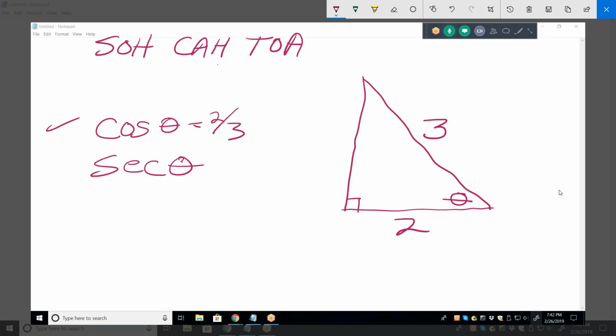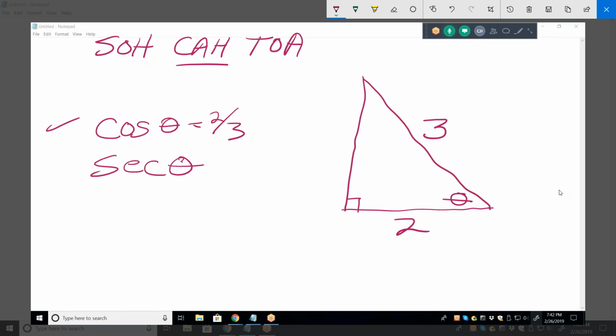In other words, I can dimension that much because I know cosine is adjacent over hypotenuse, that's 2/3. Now, using the Pythagorean theorem, I can figure out the side opposite theta. What does it have to be?